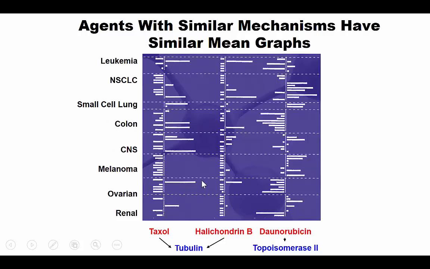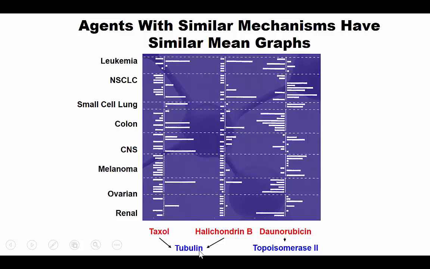By using this kind of pattern analysis, if they have a similar pattern, even though the concentration can be different, the relative sensitivity to this compound among those cancer cell lines can be similar to each other. Then, even if this compound is a new compound, if the database has enough of this kind of pattern, by doing this pattern analysis we can figure out, okay, this compound may have a similar mechanism to Taxol.